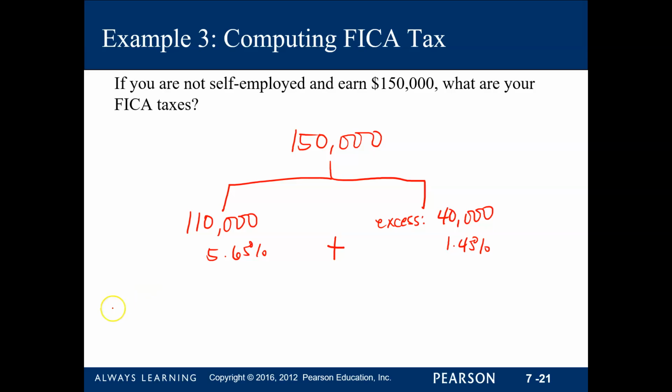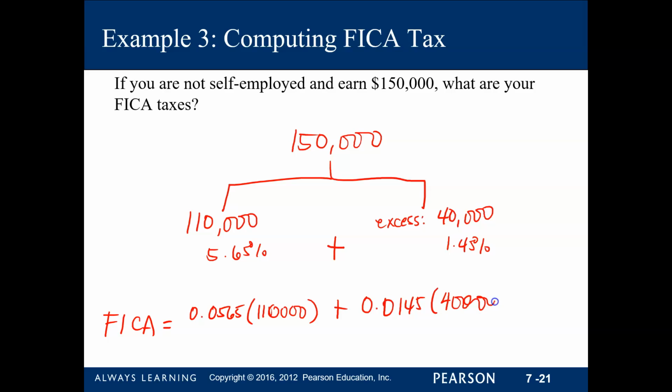So this 110 is subject to 5.65%, and then we add the 1.45% of 40,000 to get the total FICA tax. You apply 0.0565 times the 110,000, and then we add 0.0145 applied to the 40,000.